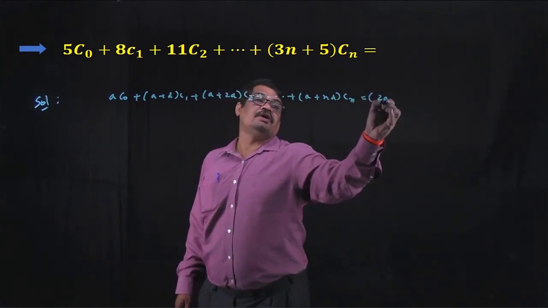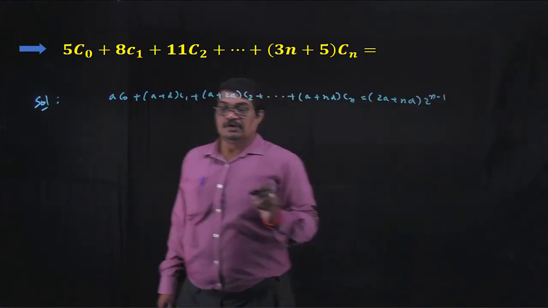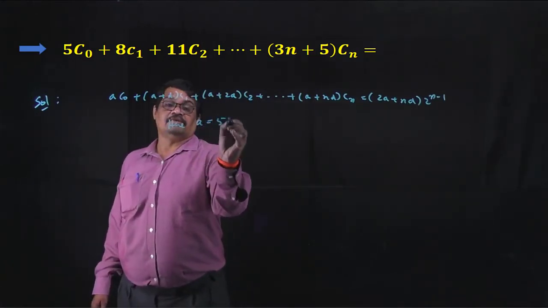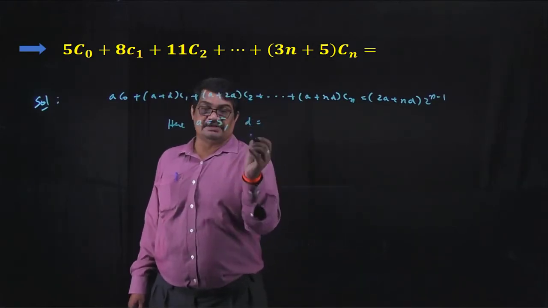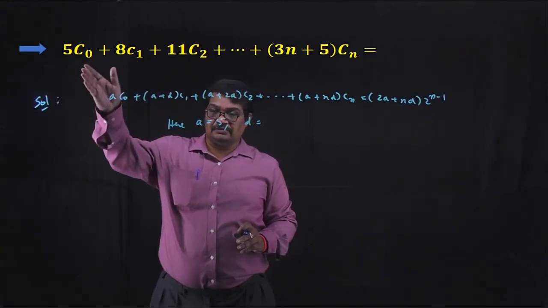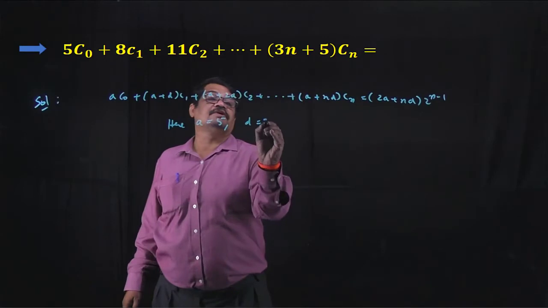This is the formula (2a plus nd) into 2 to the power of n minus 1. Here a is equal to 5, the first coefficient. The common difference d is 8 minus 5, that is 3, and 11 minus 8 is also 3. The common difference is 3.